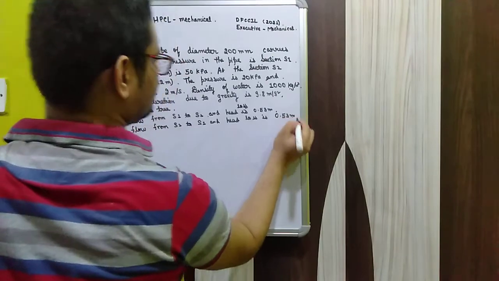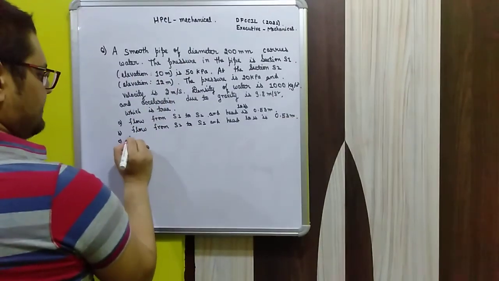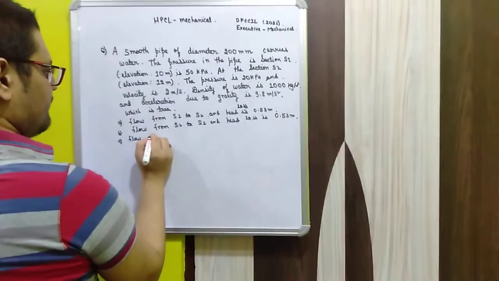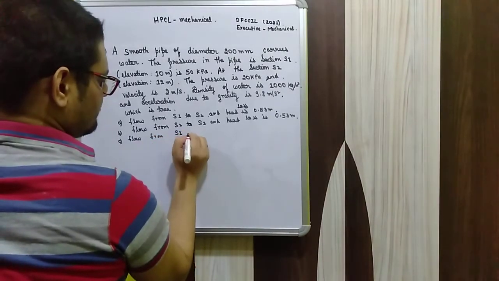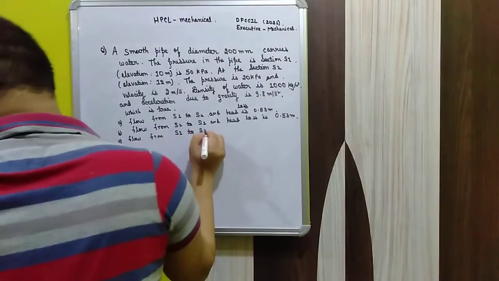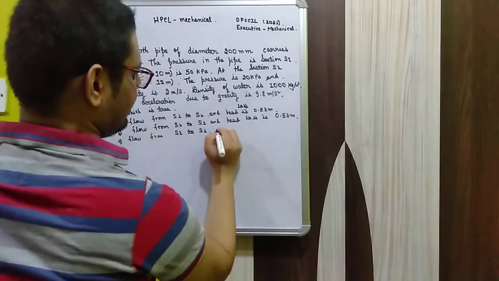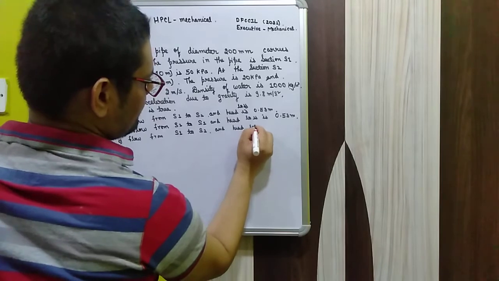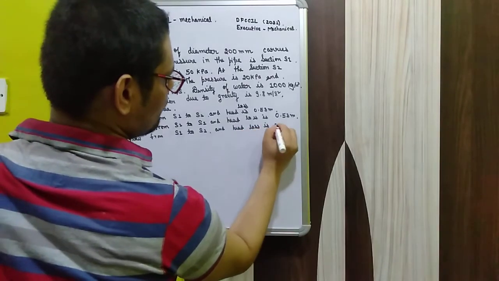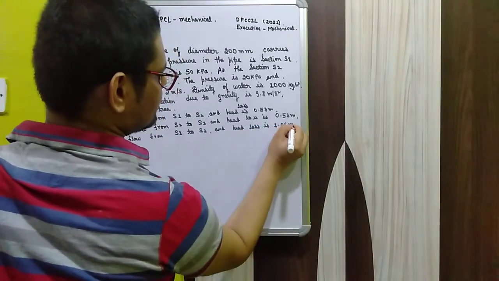Option C is given as flow from S1 to S2, and head loss is 1.06 meter.